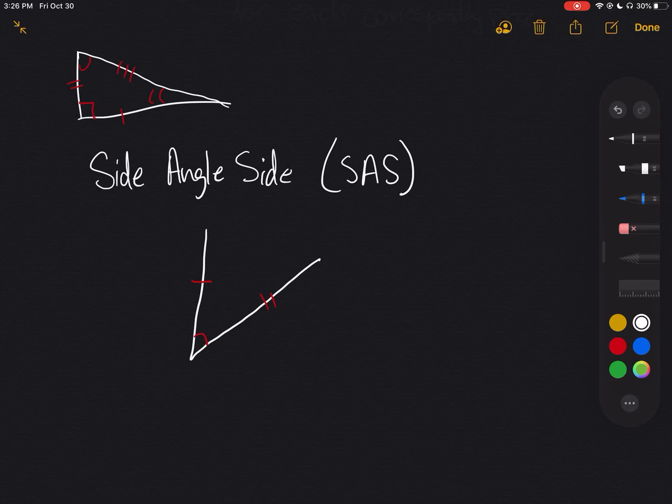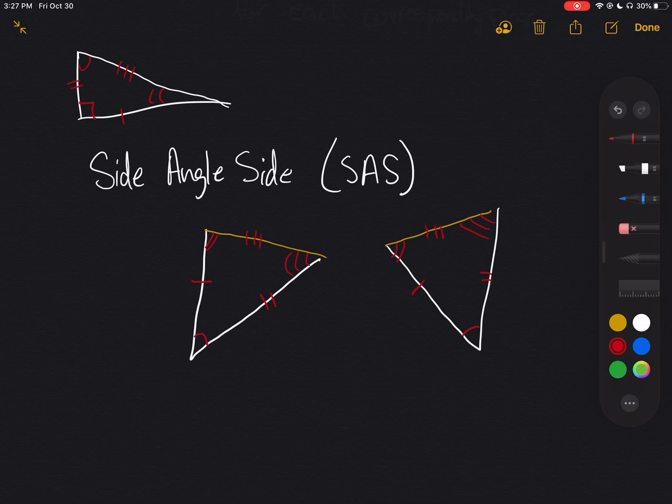So maybe I can draw. No, we'll see how accurate this is. That's not bad. Both of these things have the same angle and the same sides. And so as it turns out, if I'm going to connect and finish off a triangle, it also turns out that if I have side angle side, then it must be true that these angles are congruent to the corresponding angles, as well as that final side, the length of it has to be so, right?